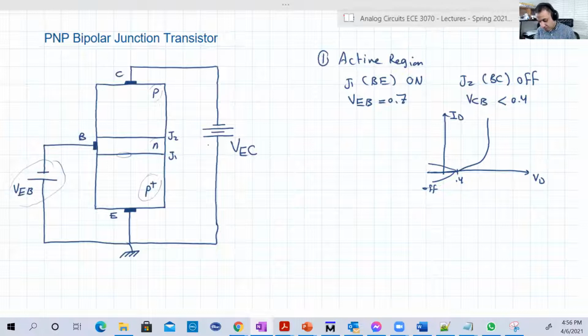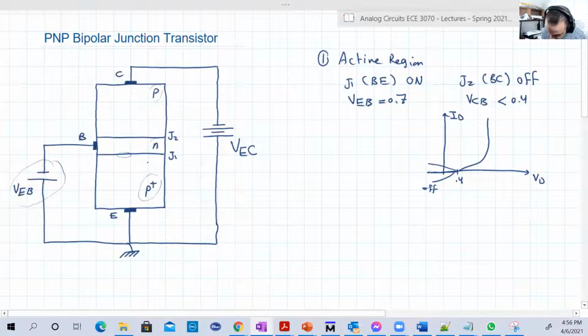How about the current? Again, since there is an on junction between the base and the emitter, there will be a flow of holes, this time from the emitter to the base, and a little flow of electrons from the base to the emitter.